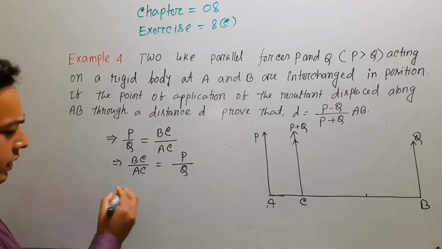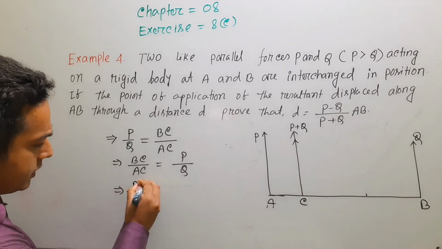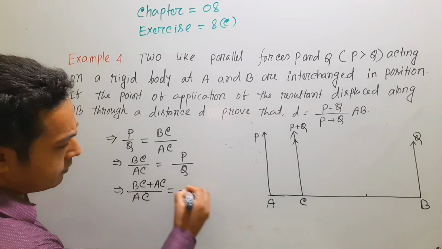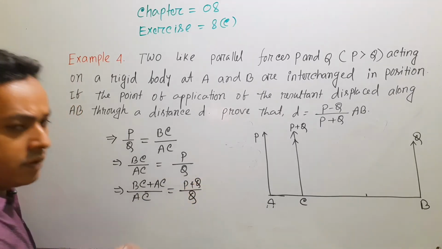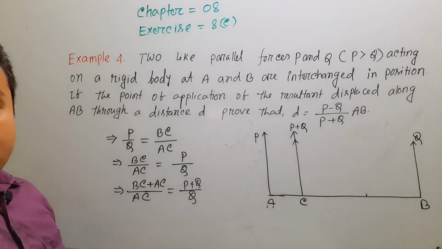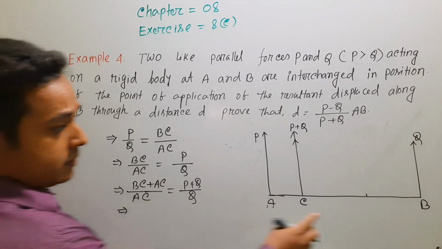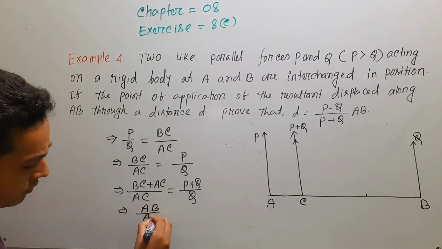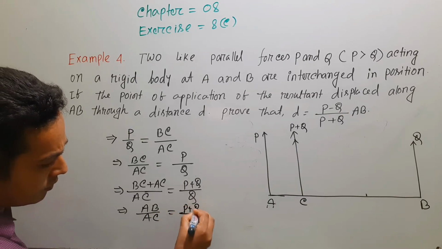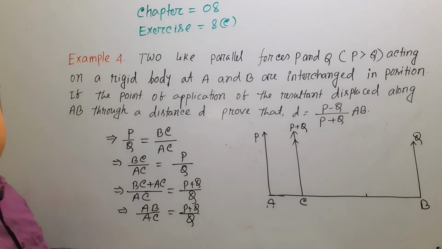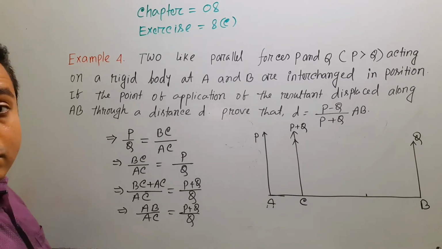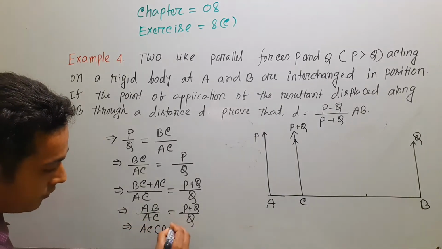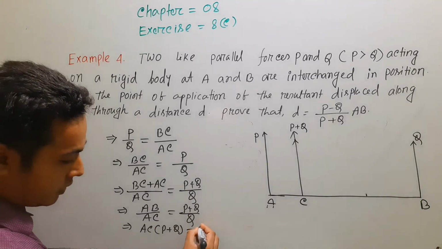By the componendo rule, we can write (BC plus AC) divided by AC is equal to (P plus Q) divided by Q. Now BC plus AC we can write as AB, so AB divided by AC is equal to (P plus Q) divided by Q. Now AC into (P plus Q) is equal to Q into AB.